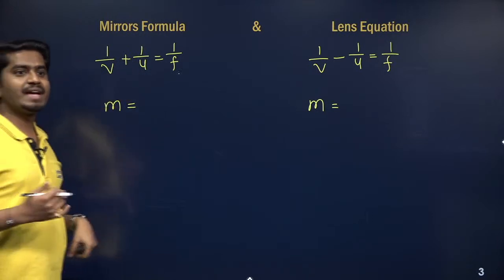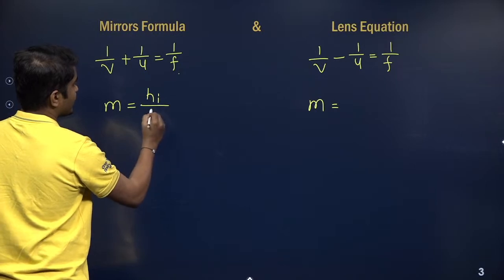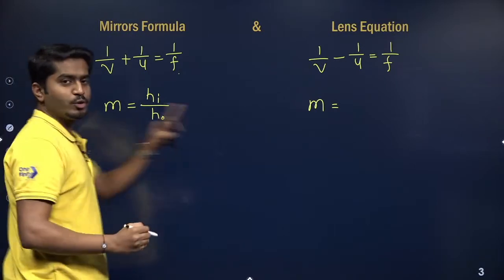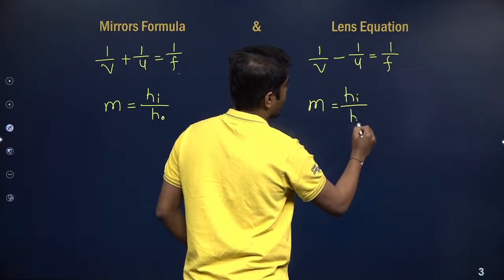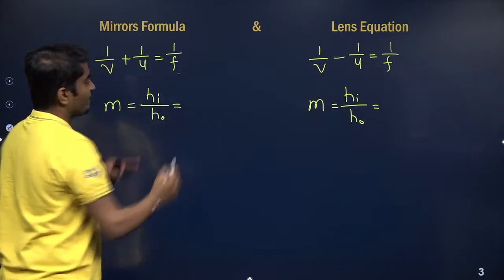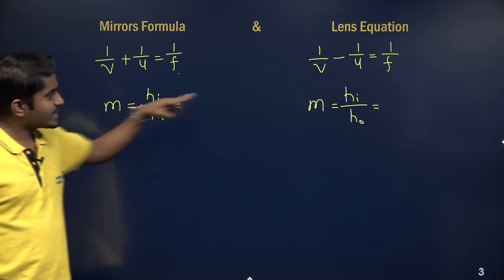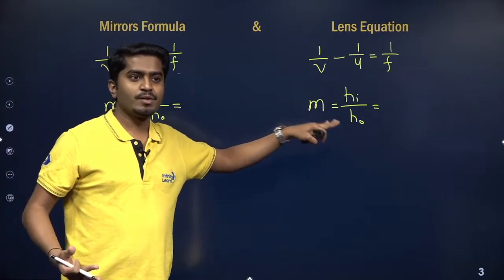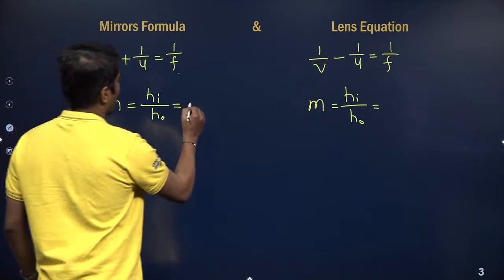And what is the magnification? So magnification, we know, is height of the image divided by height of the object for both of them. But now there is also v/u. Magnification is v/u. So for which is magnification positive, and for which negative?